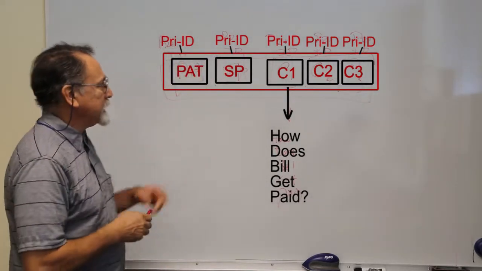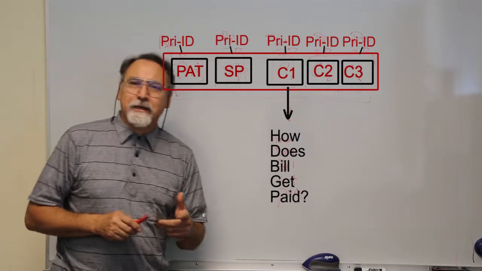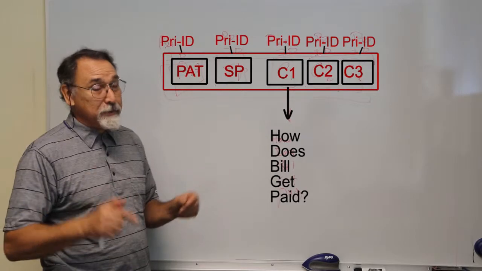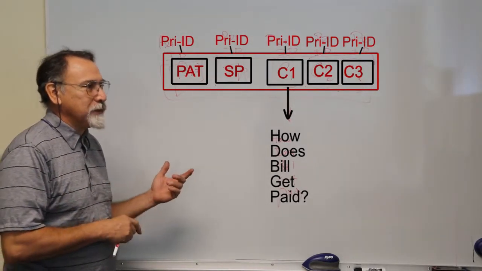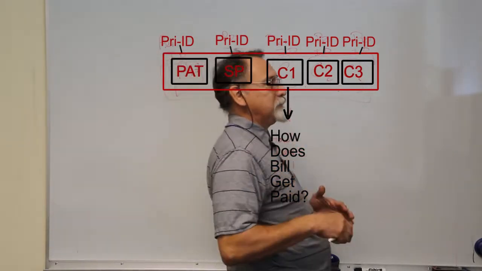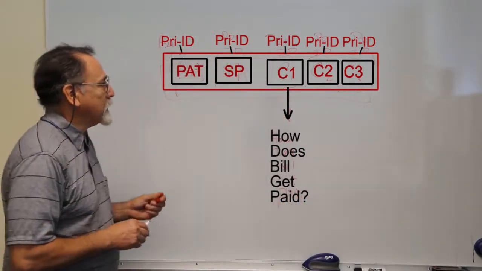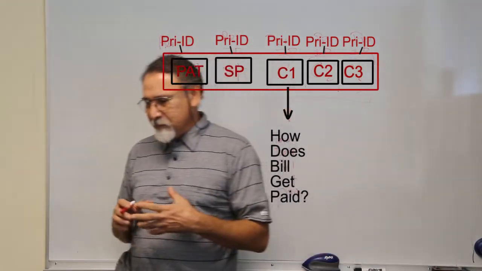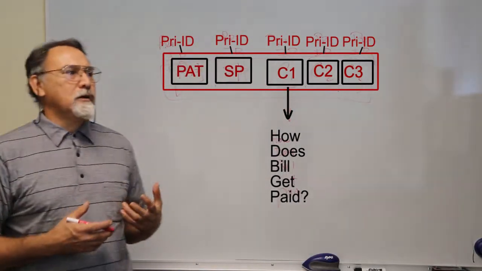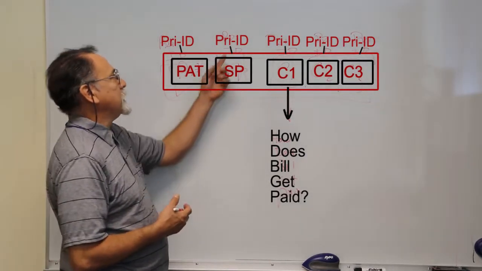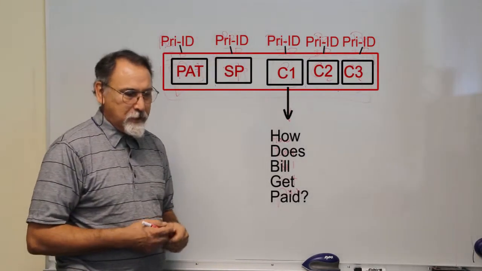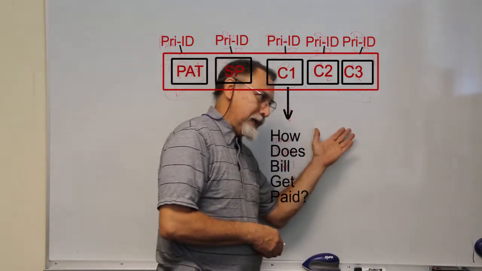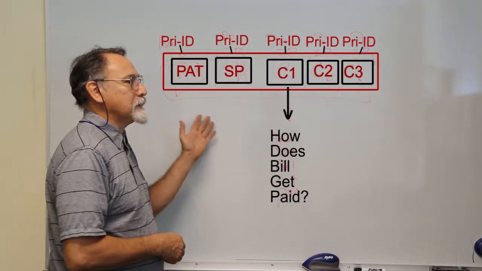You'll have to have a primary key that will lock all these units together as one item, but yet still have the ability to break this data down as needed. So what this chapter speaks to is the fact that as you break data down into smaller, more manageable pieces, you still need a primary identifier, a primary key that will be able to link these items together and lock these items together.